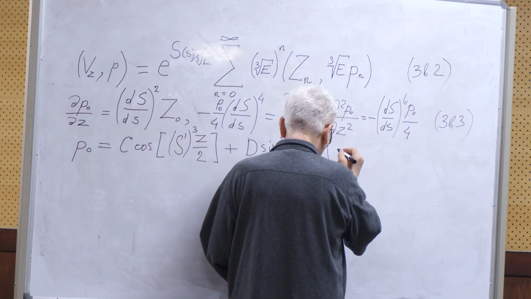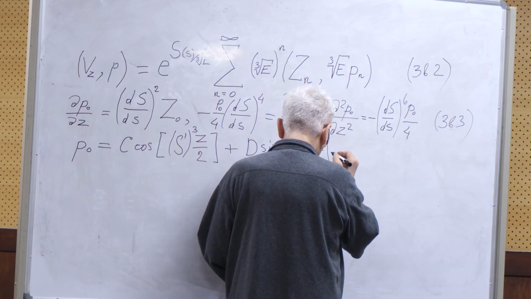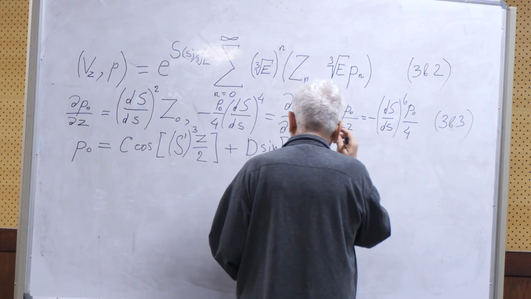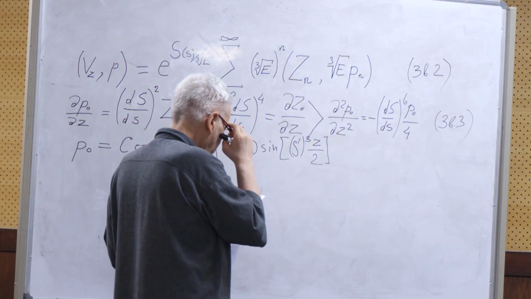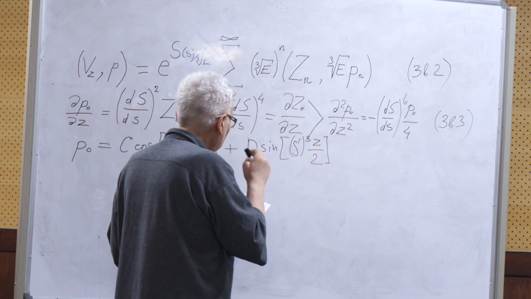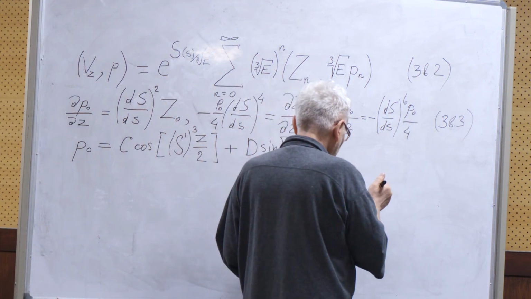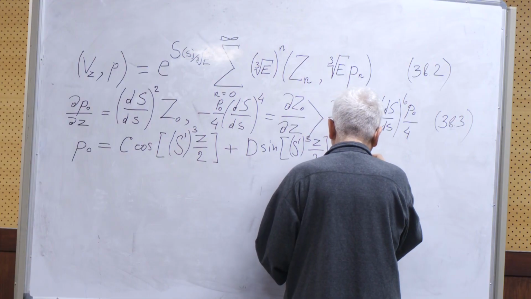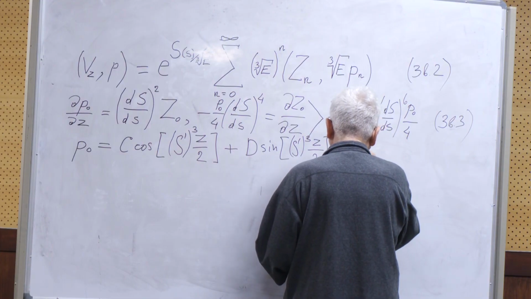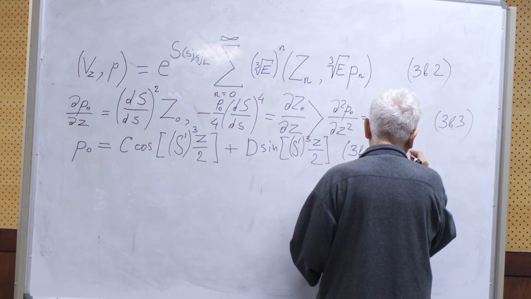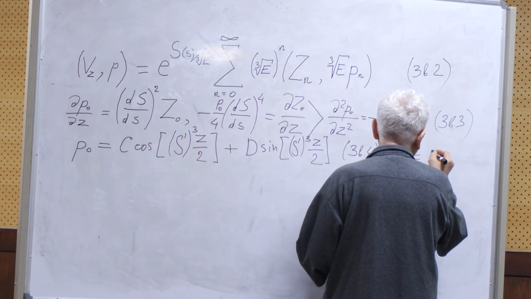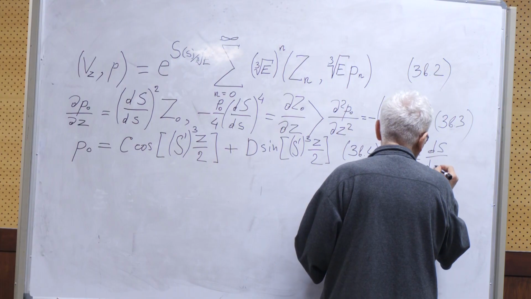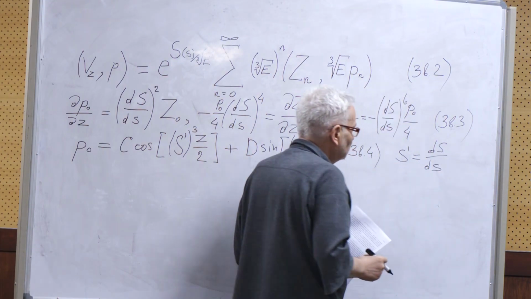Okay, and this is formula 3b4. Just to remind you that S prime is simply the derivative of capital S over small s.